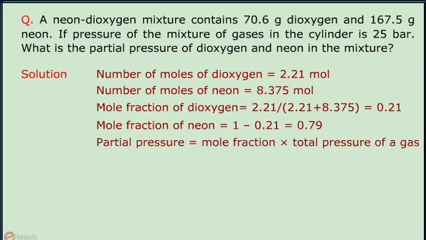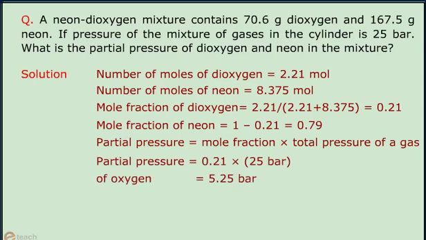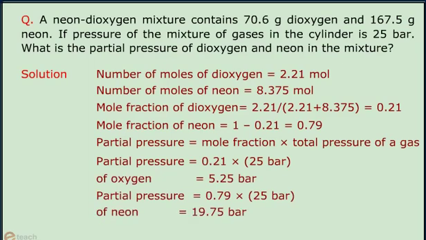Partial pressure equals mole fraction into total pressure of a gas. Therefore, the partial pressure of oxygen is equal to 0.21 into 25 bar, which is equal to 5.25 bar. And the partial pressure of neon is equal to 0.79 into 25 bar, which is equal to 19.75 bar.